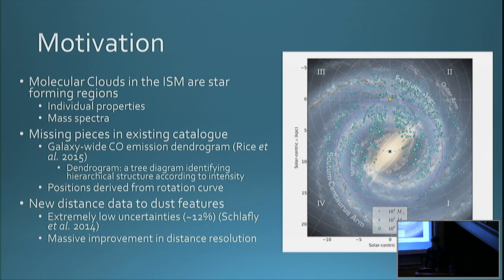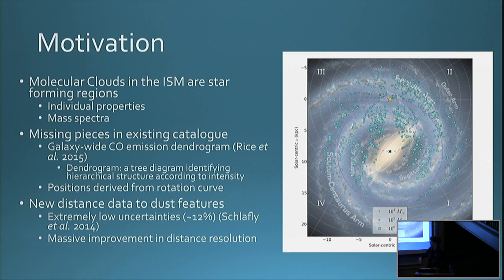There does exist a very extensive catalog of molecular clouds throughout the Milky Way, as you can see here, that was generated by Rice et al. in 2015. They used a carbon monoxide emission map and a dendrogram on this map. A dendrogram is a tree diagram that identifies the hierarchical structure of this map according to its intensity of the emission.